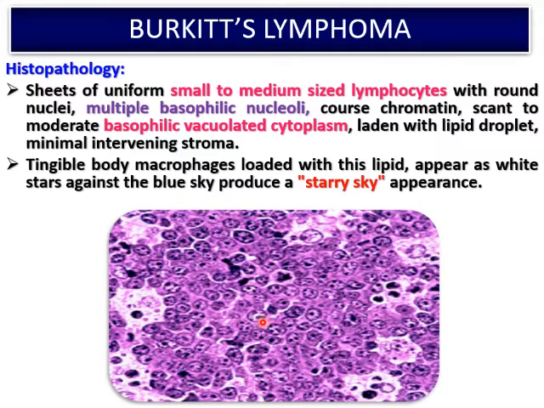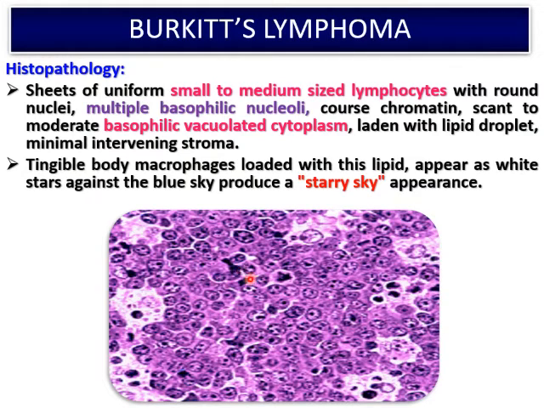These cells are usually laden with lipid droplets. We also have in Burkitt's lymphoma tingible body macrophages that engulf the lipid droplets, so they appear white. Because they engulf the lipid droplets, the macrophages appear with vacuolated cytoplasm, so they look like a white star.